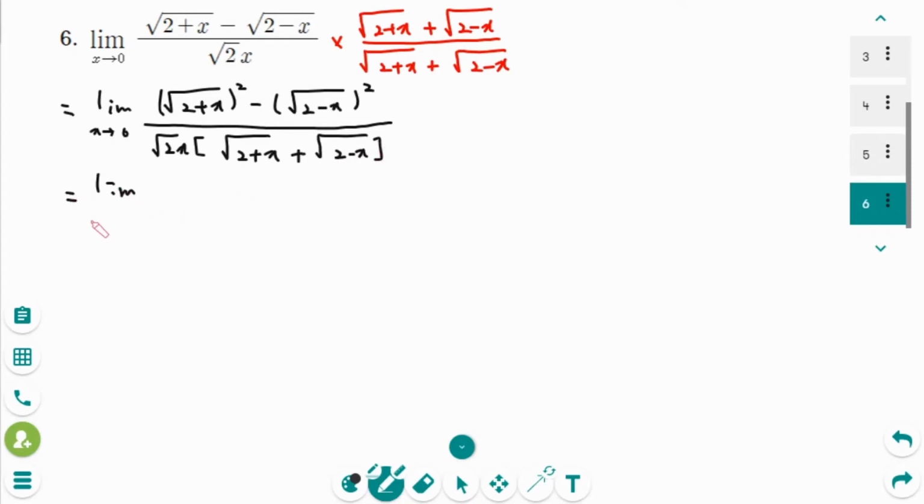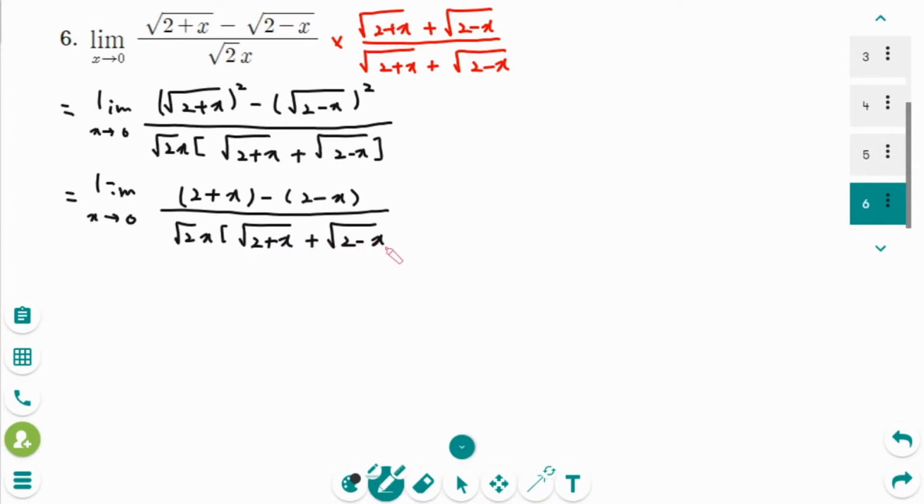And then simplify, limit as x approaches 0, 2 plus x minus 2 minus x over square root of 2x times square root of 2 plus x plus square root of 2 minus x.